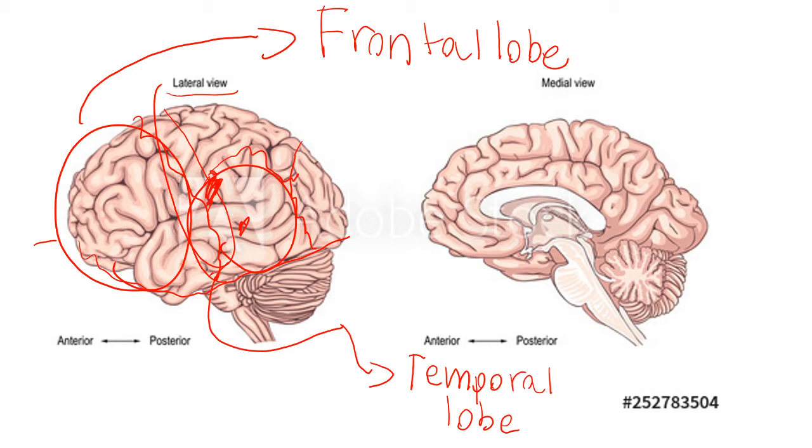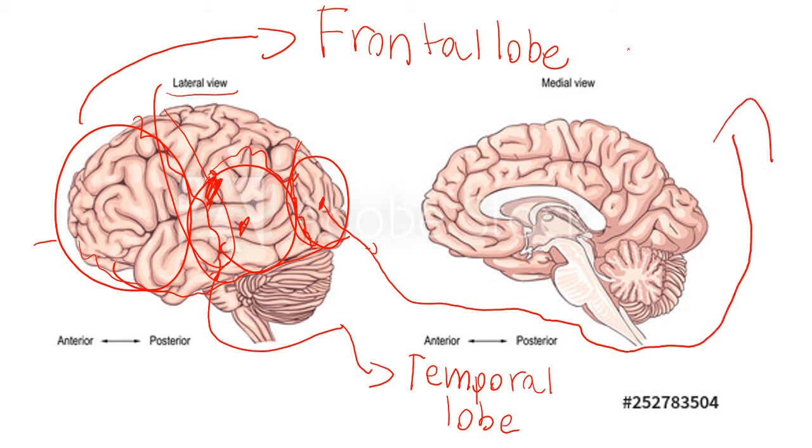Now we're going to go to the occipital lobe over here. This area over here is your occipital lobe. Now the occipital lobe is basically your vision.